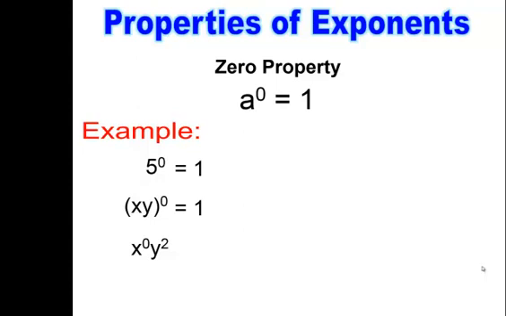In this case, you have x to the 0 power times y squared, because it's stuck together. We know that x to the 0 power equals 1, so we end up with 1 times y squared, which simplifies to just y squared.